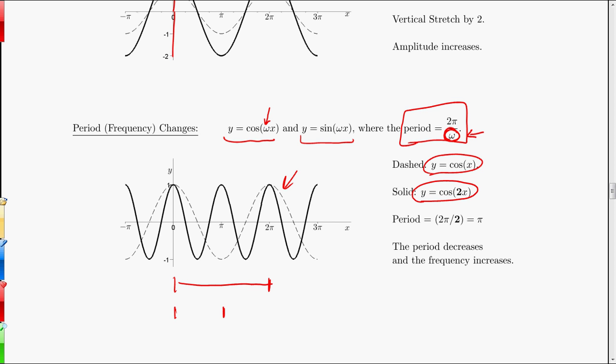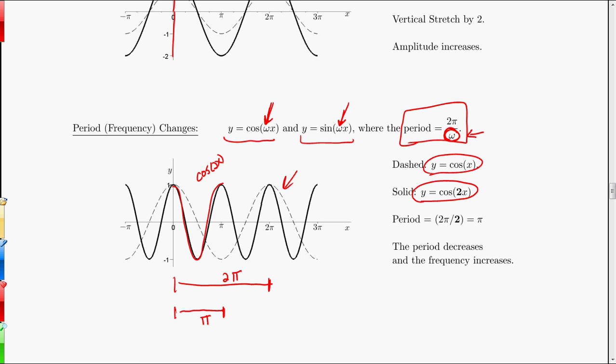Now my period is just half of that. It went from 2 pi to pi. That's this solid curve, cosine 2x. So the bigger you make omega, the faster this thing oscillates up and down, hence the name, frequency.